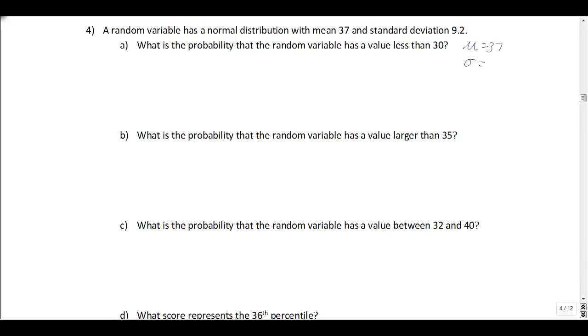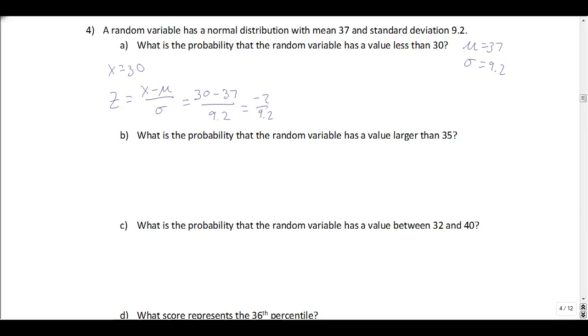Standard deviation, sigma, is 9.2. Now this 30 is an x, so x equals 30. The relationship between z-scores, the standard normal distribution, and x is z equals x minus mu over sigma. In our case, that would be 30 minus the mean 37, divided by 9.2. So we get negative 7 over 9.2.